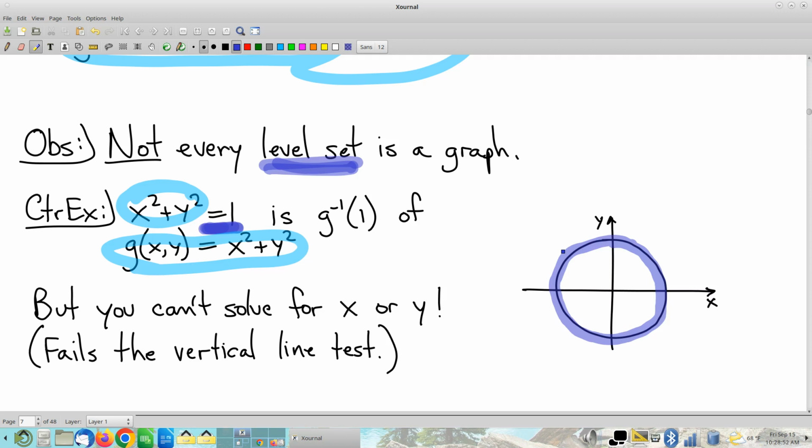Now, a lot of people will tell you, yeah, I could solve for y, and I get 2 different values. If you want to talk about something as being a graph, you need a single value, because that single value has to be the value of this function you're claiming to look at a graph of. And so, in that sense, you can't solve for y because there are 2 possible values. Okay, so it fails the vertical line test, in other words.